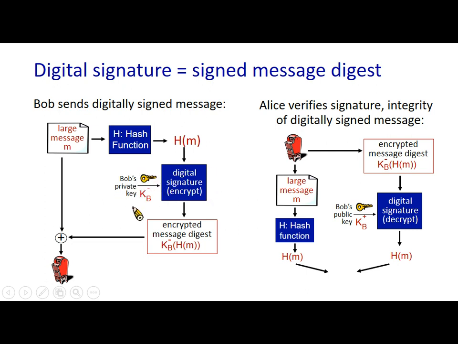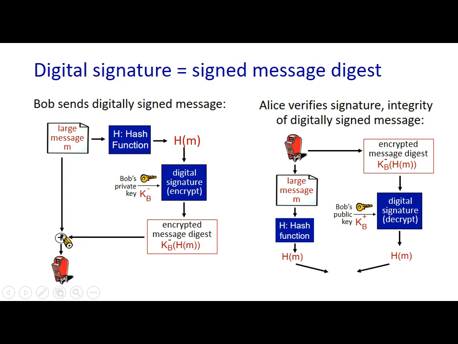So we apply the private key to the hash function, and the message digest becomes the encrypted message digest, and we send it.